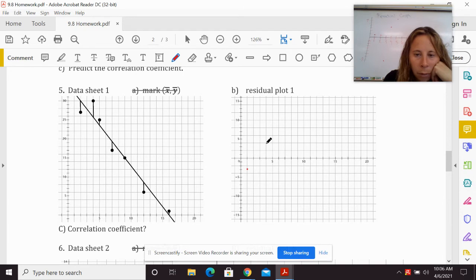So 4 and 4. Did I do this one in the right spot? Was x 1? I think x was 2. X was 2. Uh-oh. Sorry, guys. This needs to be 1 over, because x is 2, and this was 3 away. So 2, and 3 away. 1, 2, 3. There we go.